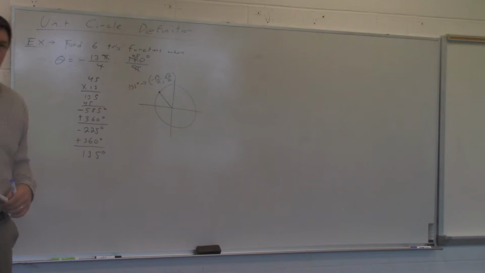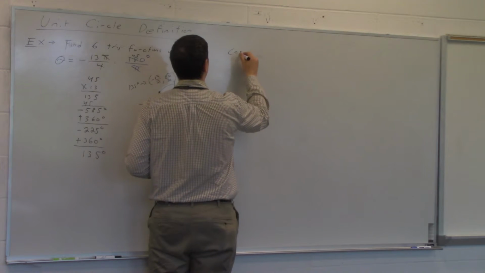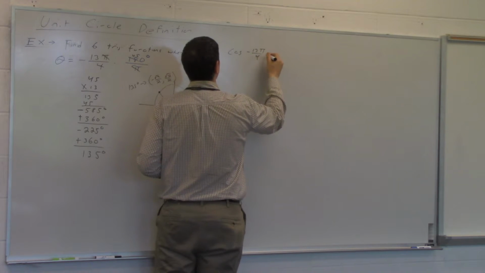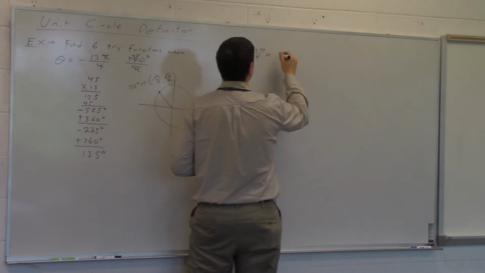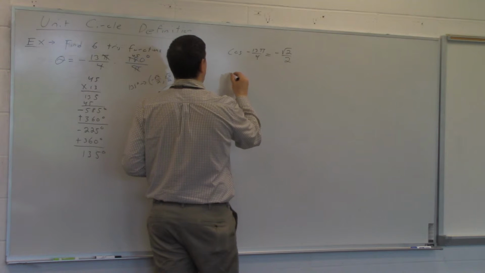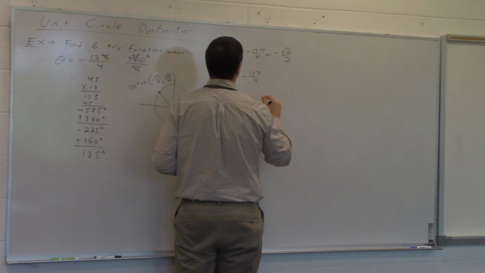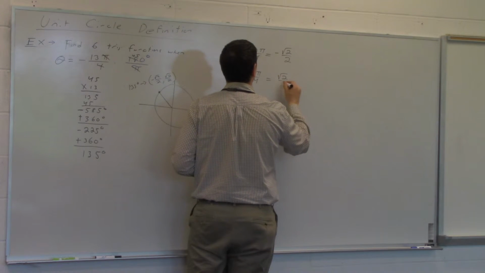From here, the rest of it should be fairly easy. We know that the cosine of negative 13 pi fourths is going to end up being the x coordinate, negative root 2 over 2. And then the sine of negative 13 pi fourths is the y coordinate, which is a positive root 2 over 2.